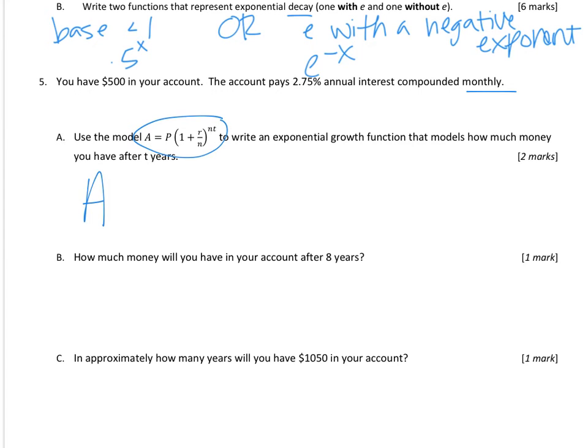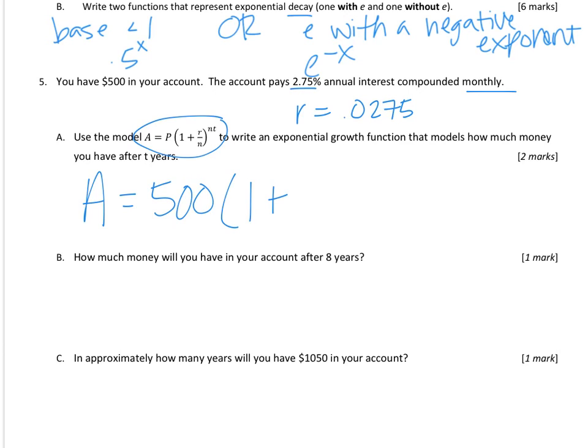So A is just A. P is how much money we have at the beginning. 1 plus the rate. So remember, the rate is not just 2.75. We have to move that decimal over 2 places so that we get 0.0275. And rate, we will never round.